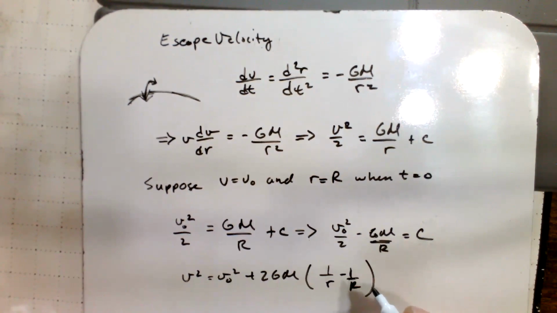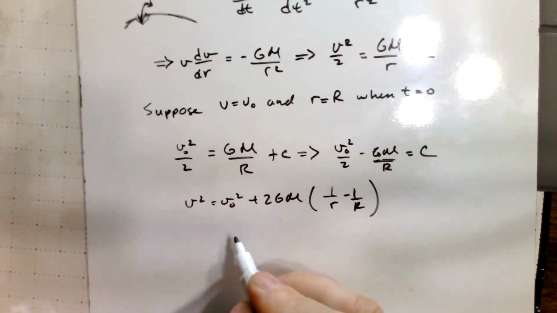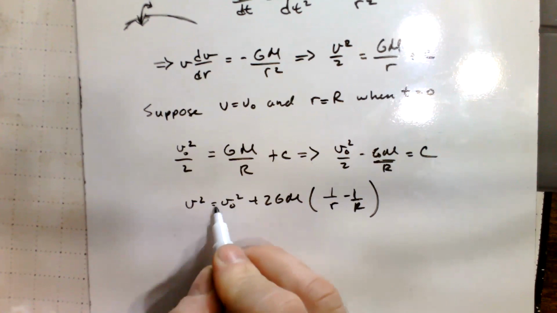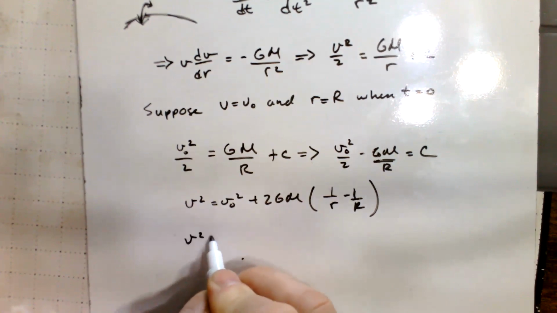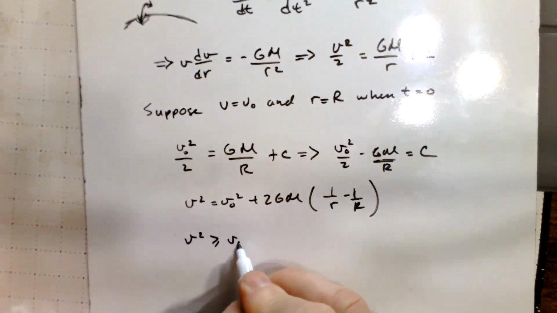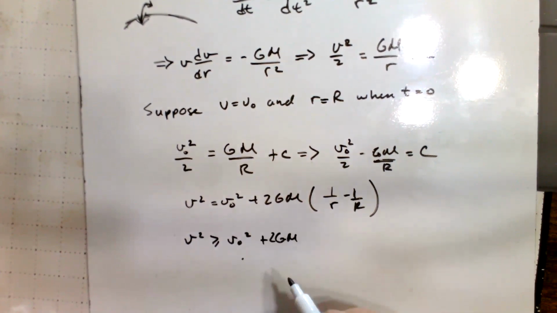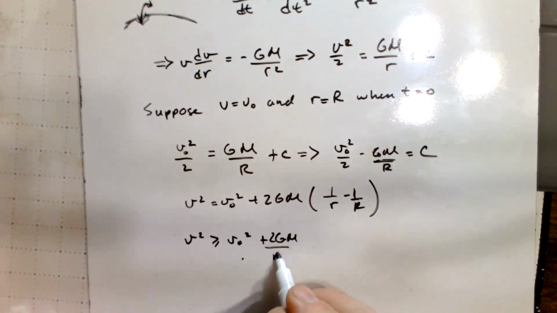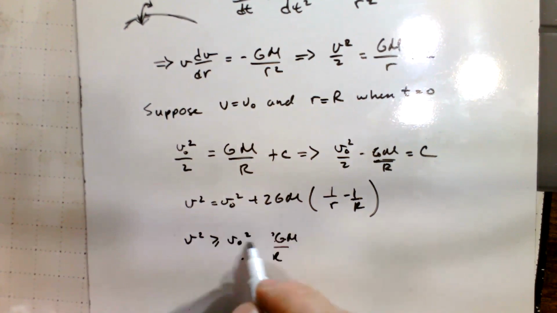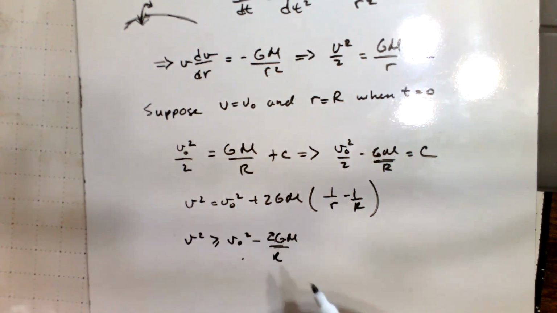Sorry, trying to figure out how to word this. So v squared is going to be greater than or equal to v naught squared plus 2gm over r minus that.